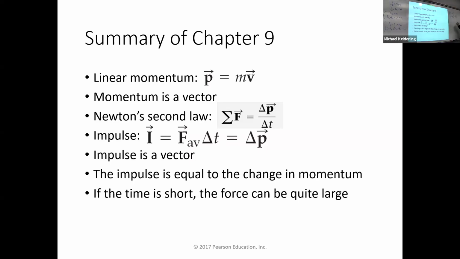Impulse is force times time. It's the average force times time, and it is change in momentum. Impulse is a vector. The impulse is equal to the change in momentum. If the time is short, the force can be quite large.